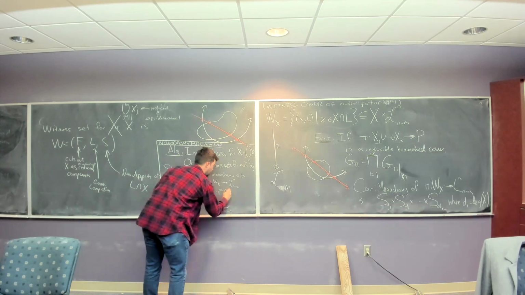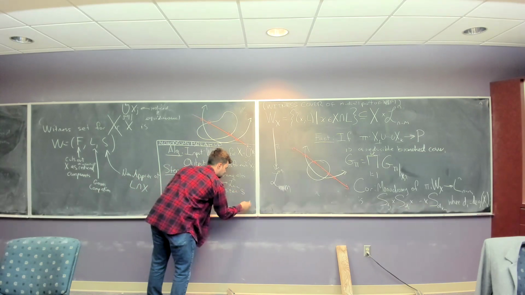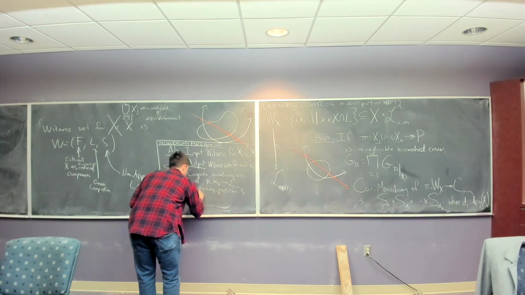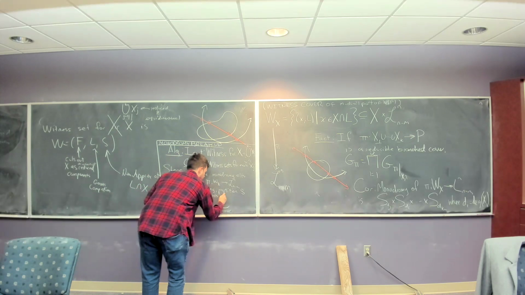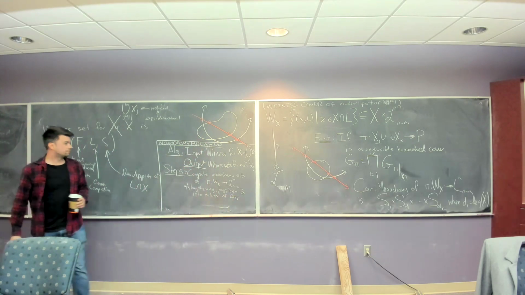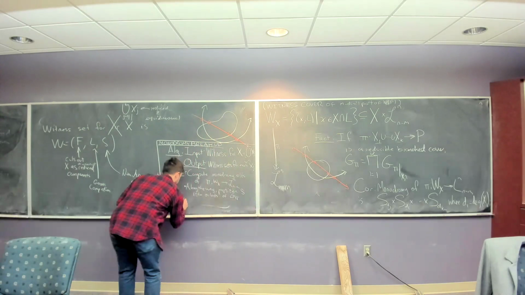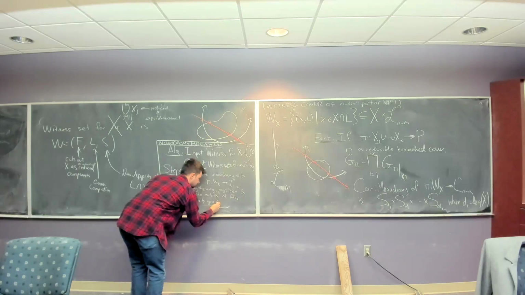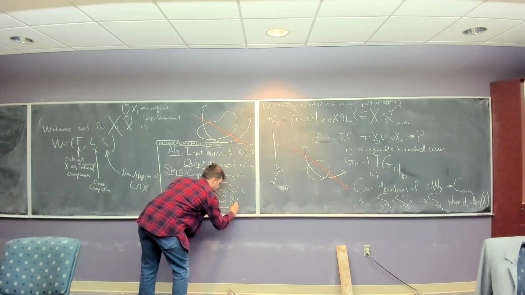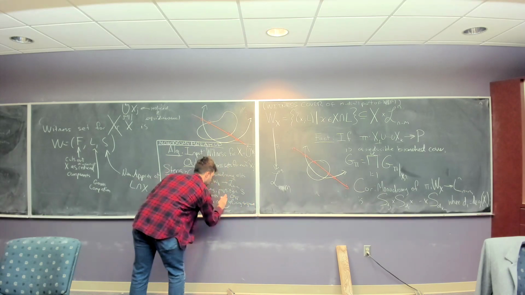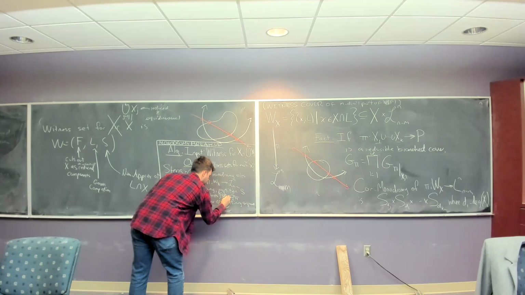Along the way, partition S, your points in the witness set, into orbits of G. Maybe I'll give these orbits names, S_1 through S_K.